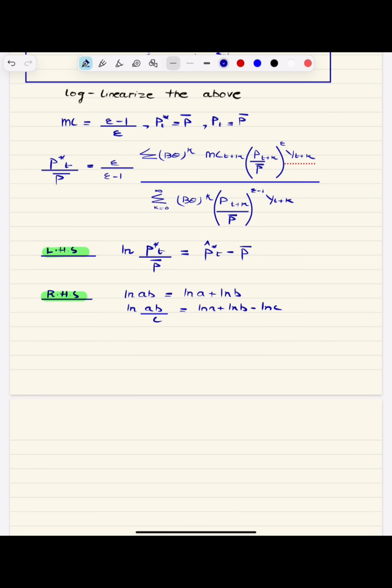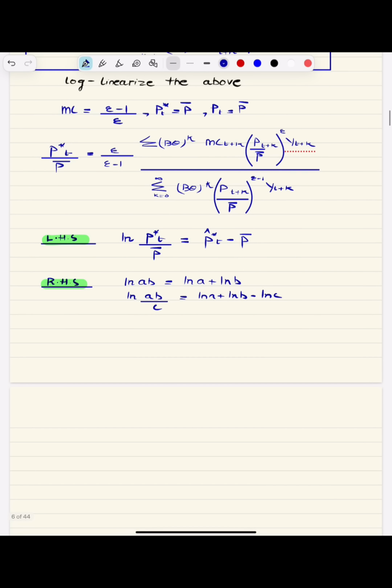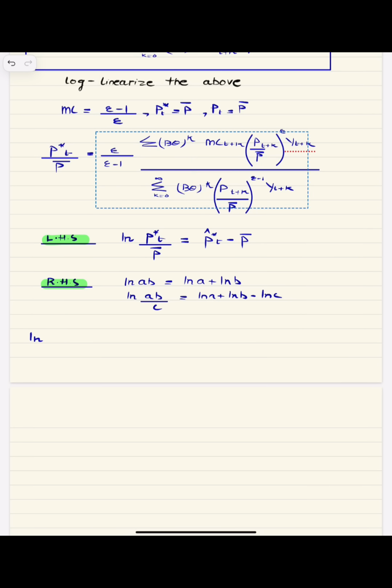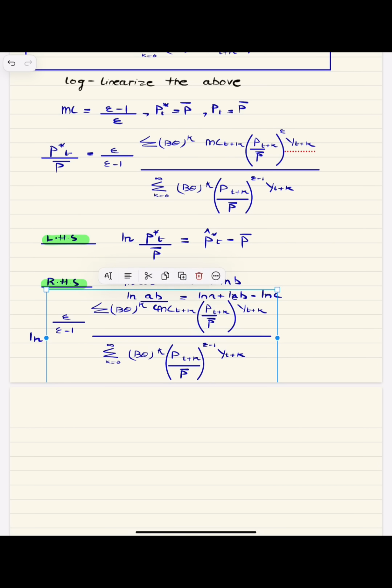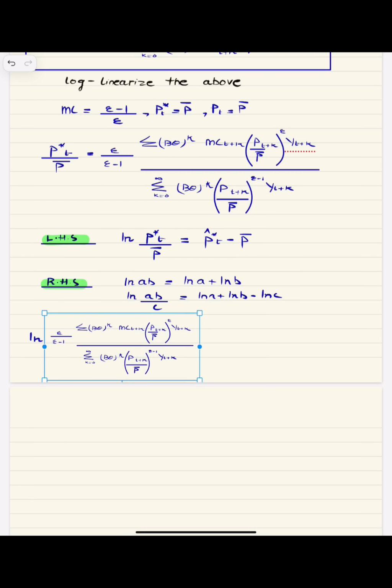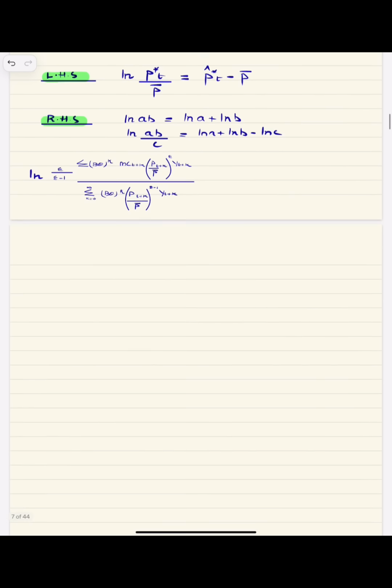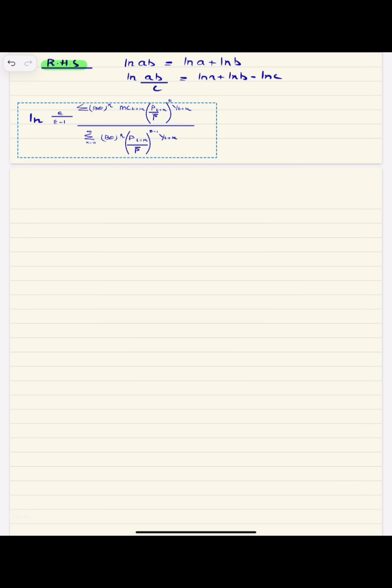So let's use the log rules over here. What I'm trying to do is I want the log of this whole expression. So let's do that. Let me just move on to the next page, actually.